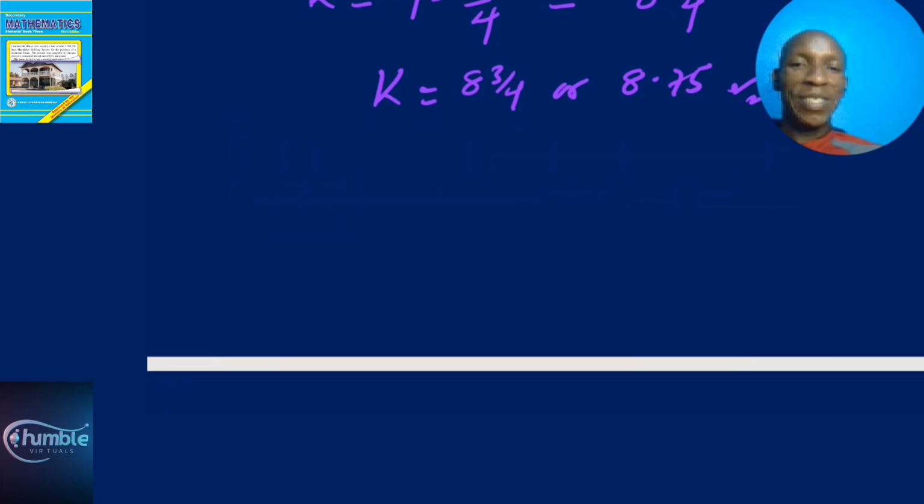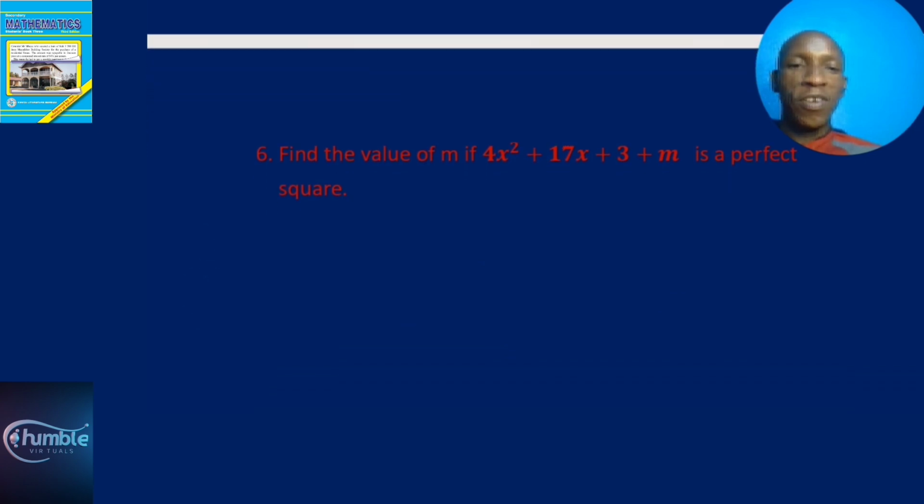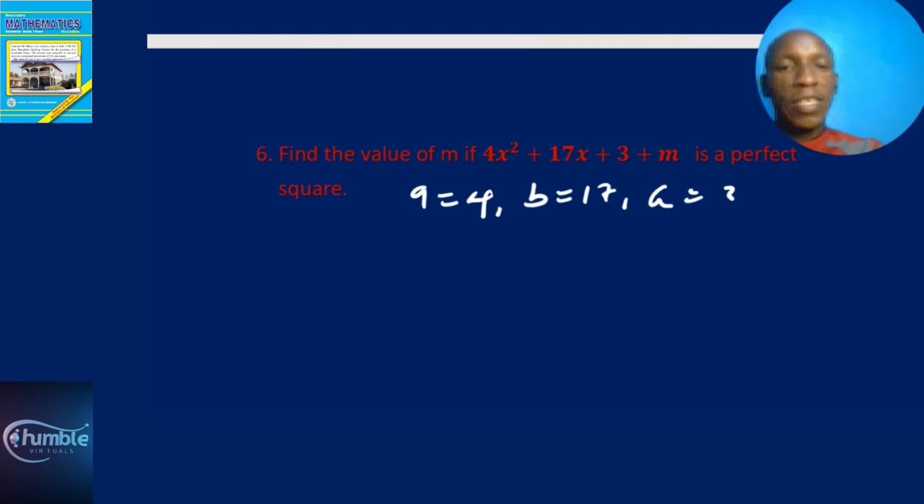Let me just do this question 6, then you will work on question 7 on your own. Question 6. Find the value of m if 4x squared plus 17x plus 3 plus m is a perfect square. Now in this case, our A is 4, B is 17, C is 3 plus m. So now, remember the rule was 4AC is equal to B squared.